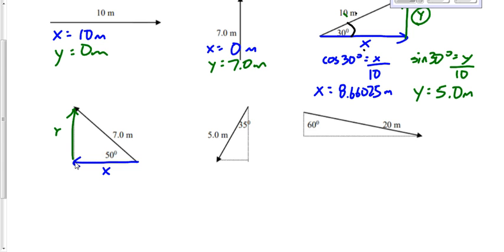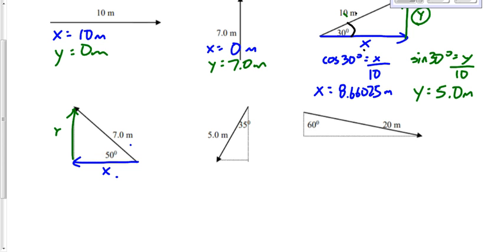Well, that's not opposite, is it? Because it's touching the angle, right? So it's not opposite. Okay, so we've narrowed it down to 2. It's also not the hypotenuse. How do you know it's not the hypotenuse? Because that's the longest side. It's not the longest one. So it must be the adjacent. It's touching the angle, but it's not the longest one. So we're looking for adjacent.